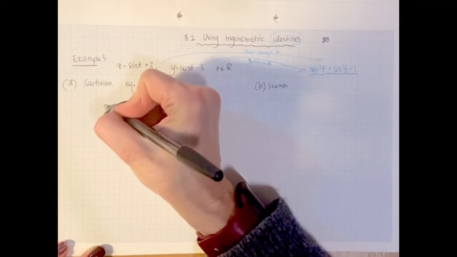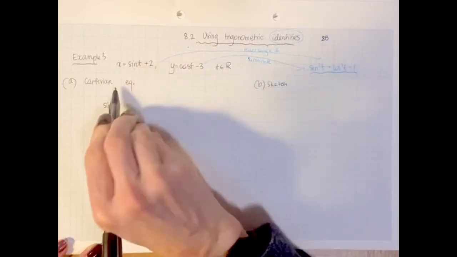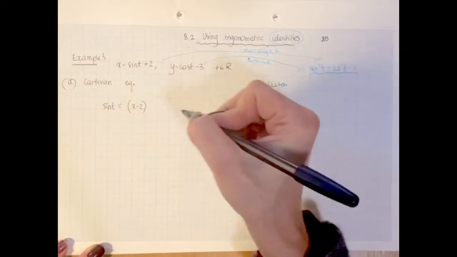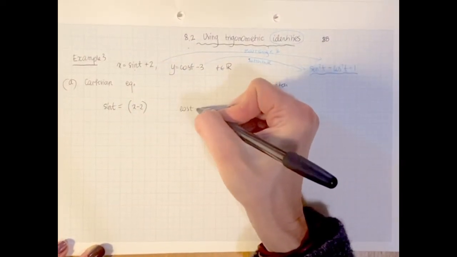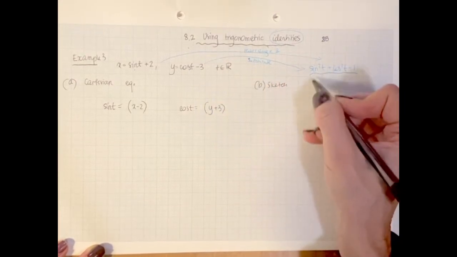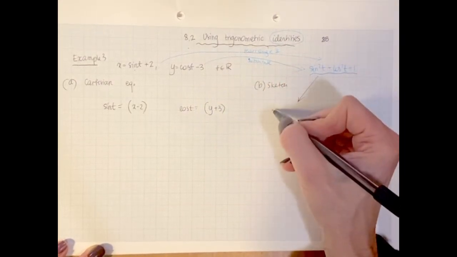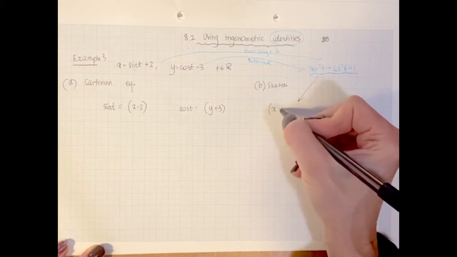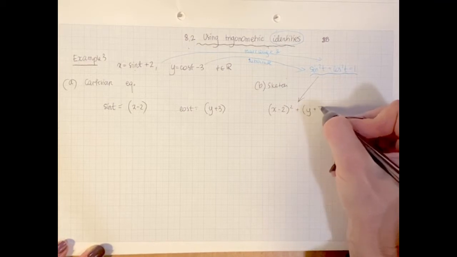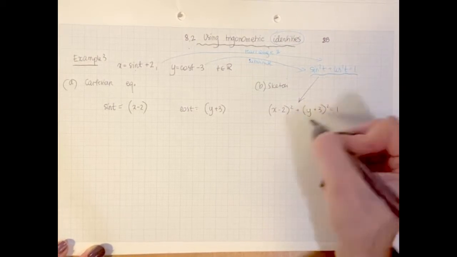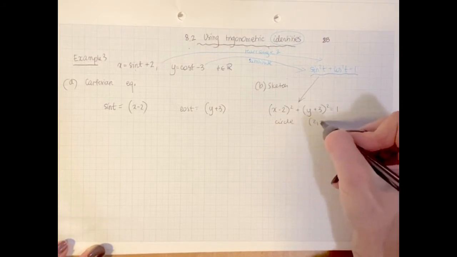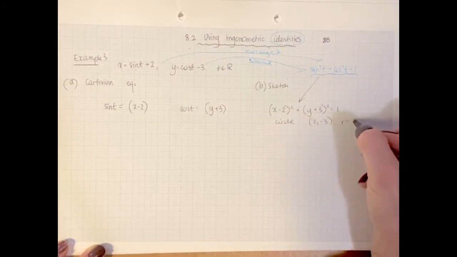So sine t from the first equation can be replaced with x minus 2, and cos t, looking at the second equation, can be replaced with y plus 3. So now we're going to substitute into the identity to obtain (x minus 2) squared plus (y plus 3) squared equals 1. So you can see that this is a circle, centered (2, minus 3), radius 1.